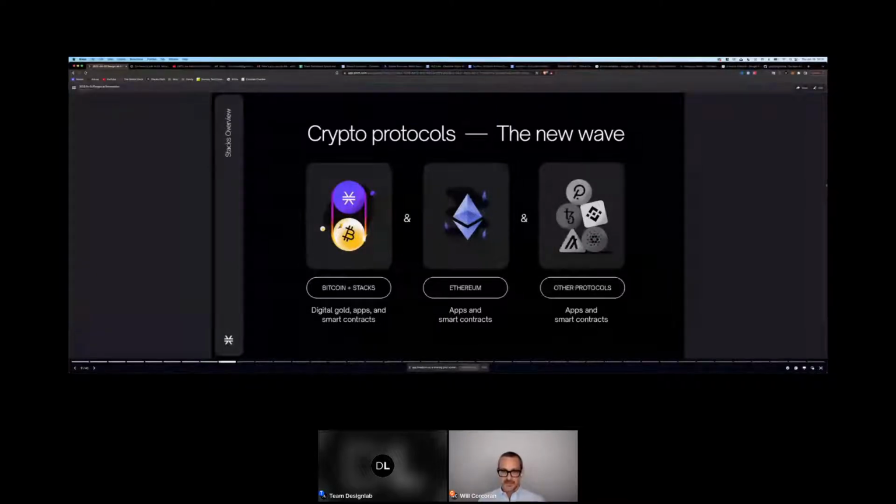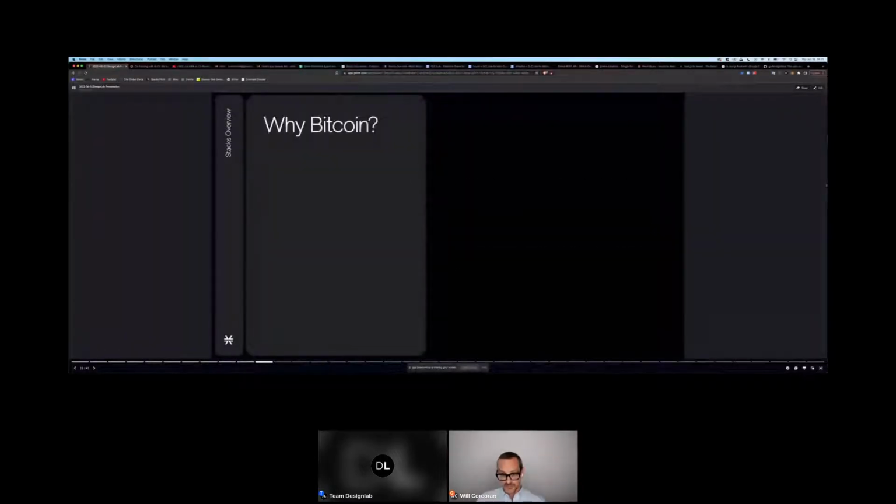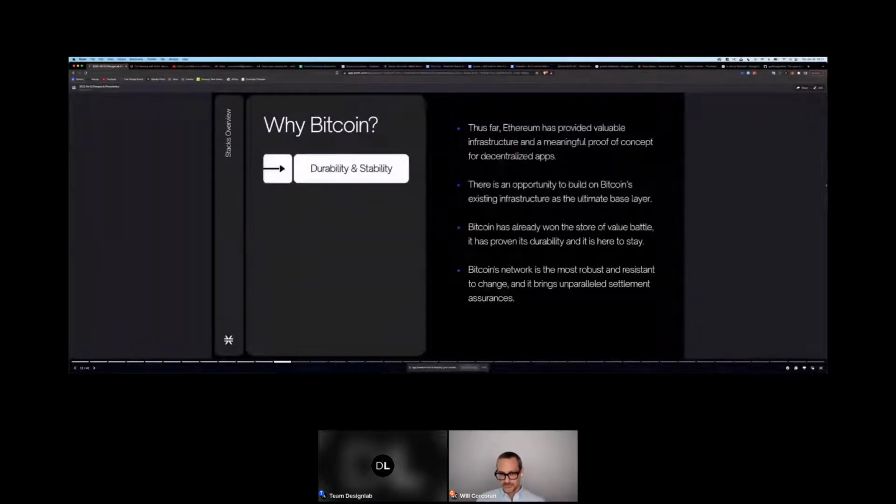But that kind of slow and steadiness is actually the perfect base layer for considering something that you want to engage with as an internet native money, something that doesn't really attempt to do a whole lot, but it does that one thing and it does that one thing really well. And it's the most tried and true. It's the blockchain that's been around the longest. It has the most hash rate, the most durability, the most stability.